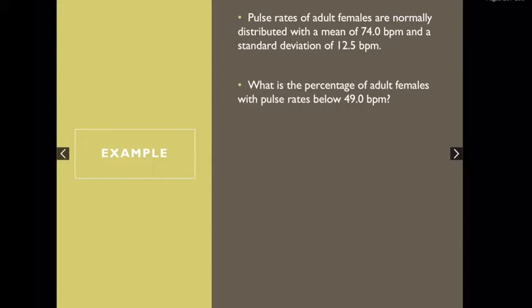Let's go ahead and draw a lovely normal distribution. I've got a mean of 74. I want to go 1, 2, 3 standard deviations above the mean, and I'm also going to go 1, 2, 3 standard deviations below the mean. So 74 plus 1 standard deviation would be 74 plus 12.5.